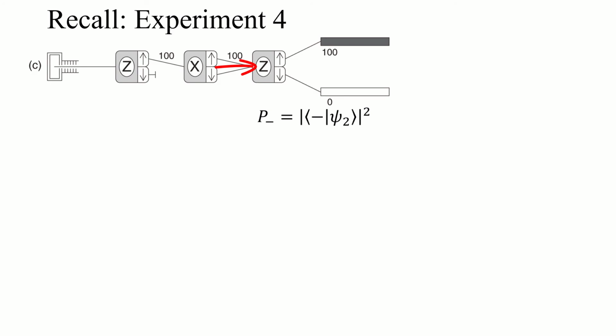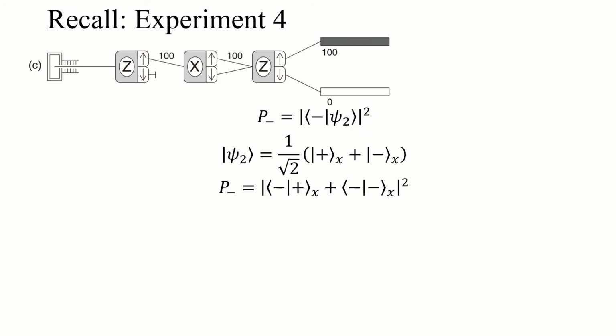I'm calling that psi2 in this case. We just showed a few slides ago that the input state is sort of a mixture of that spin up and spin down in the x direction state. So I'm going to write it this way. When we take that inner product to get that probability, we can expand it in this way.